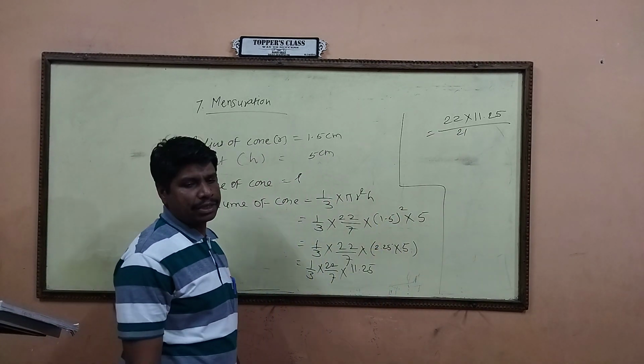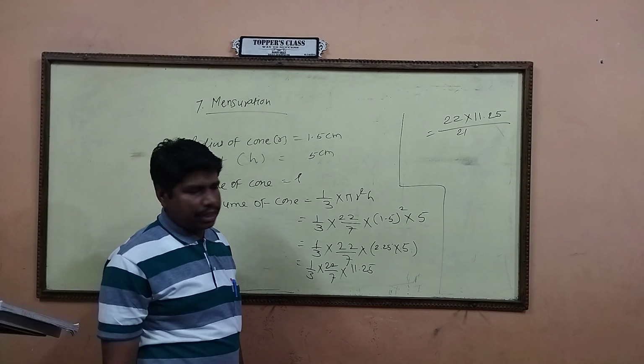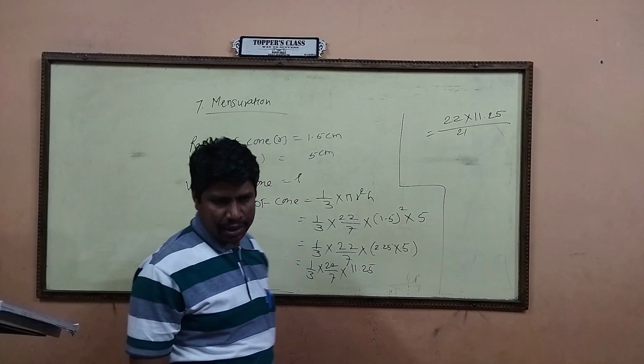Now you can do the multiplication and division. So 22 multiplied by 11.25 upon 21.